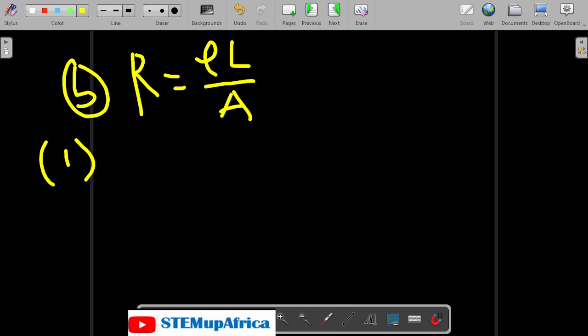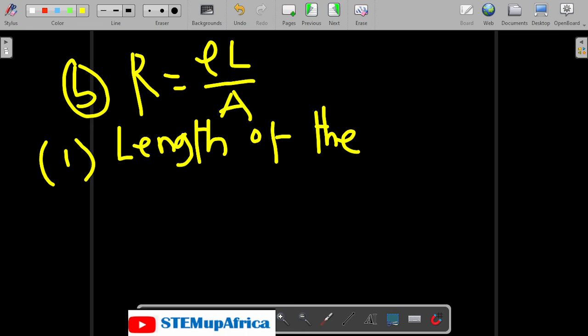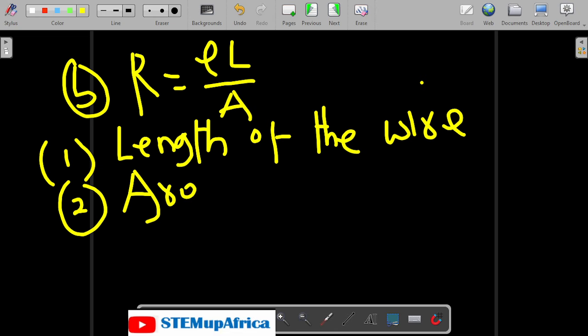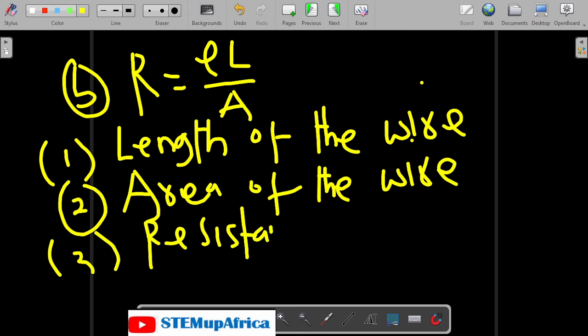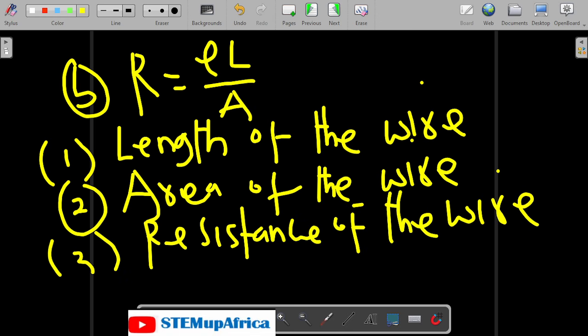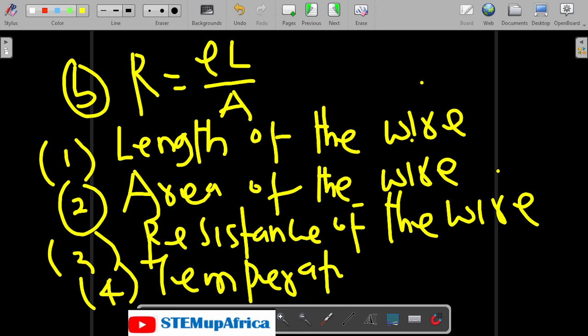So the factors could be: one, the length of the wire; two, the area of the wire; three, the resistance of the wire. We also know that temperature affects a wire. Let's say temperature is also a factor.